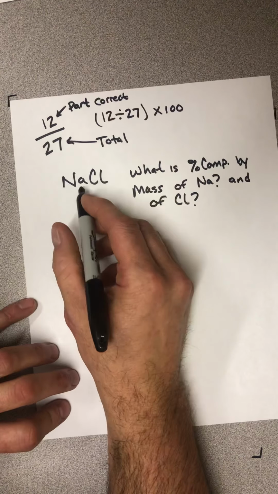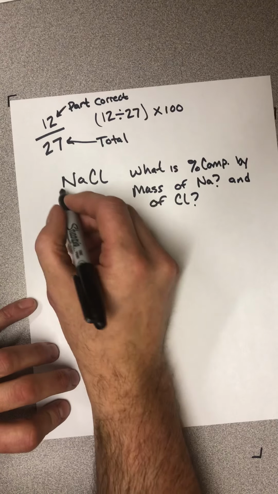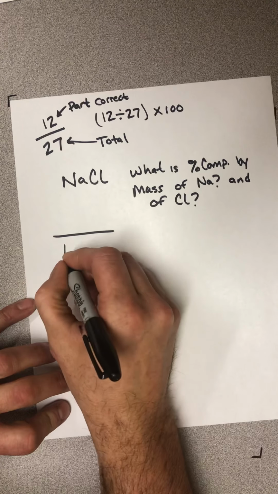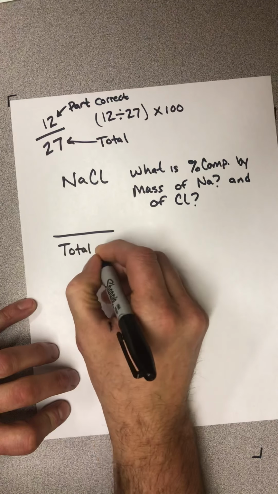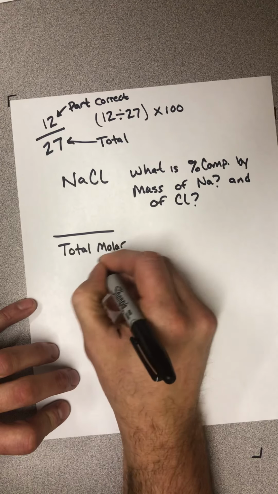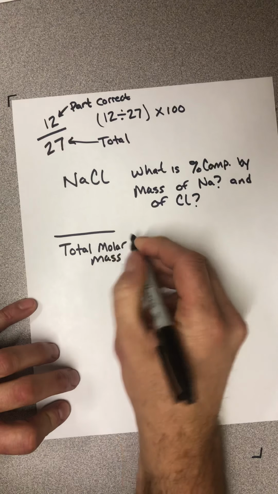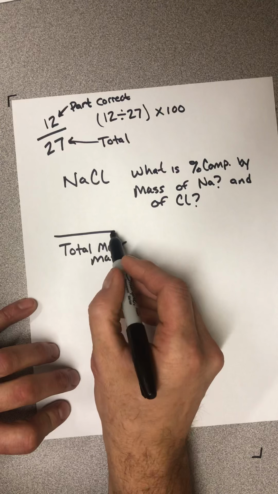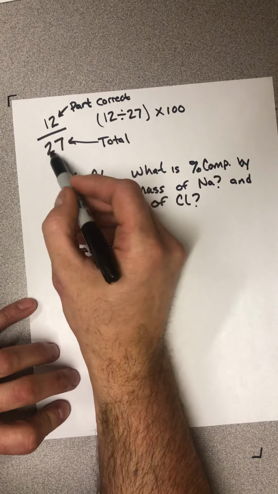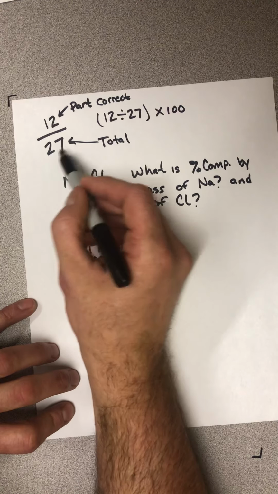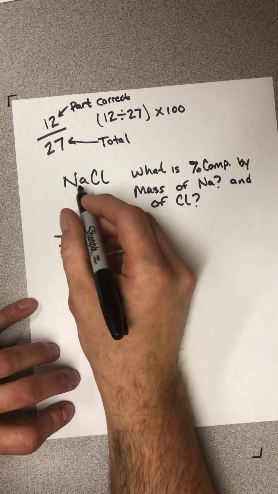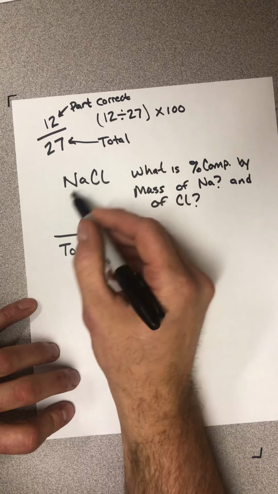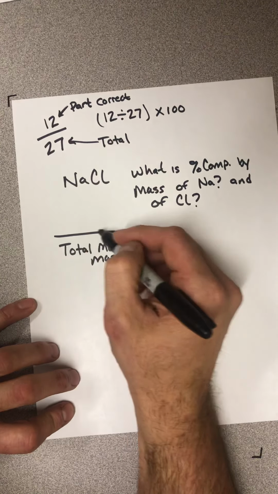What you want to do is take the total molar mass, and that's going to be your denominator in this fraction. That's the total, like this number here. Then you put each element's mass contribution above the total.